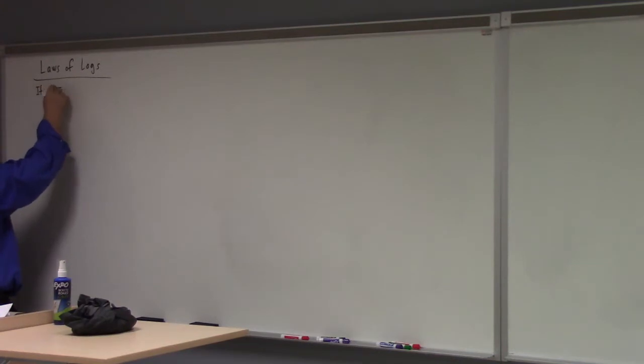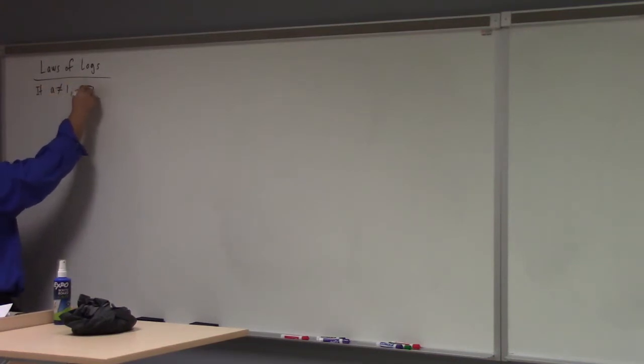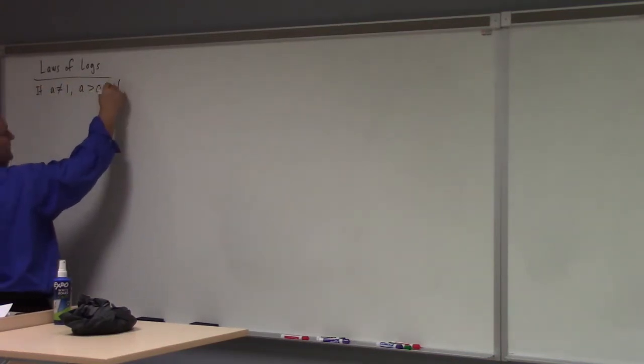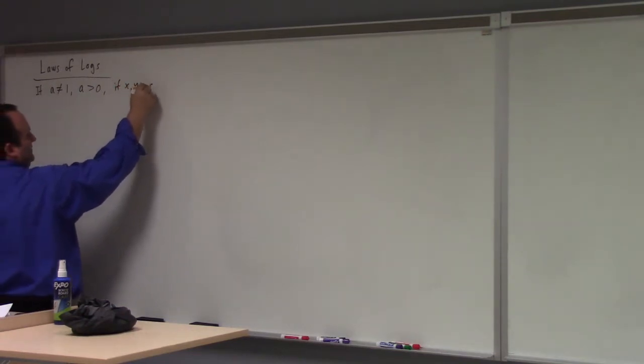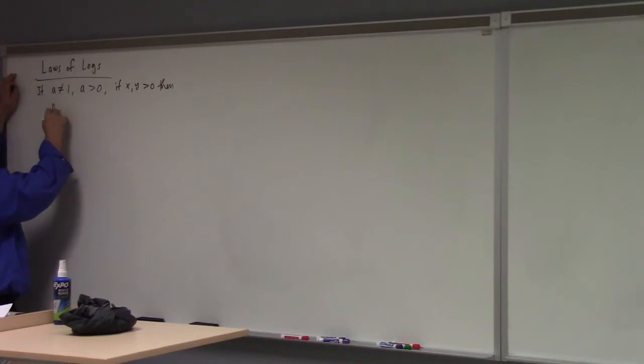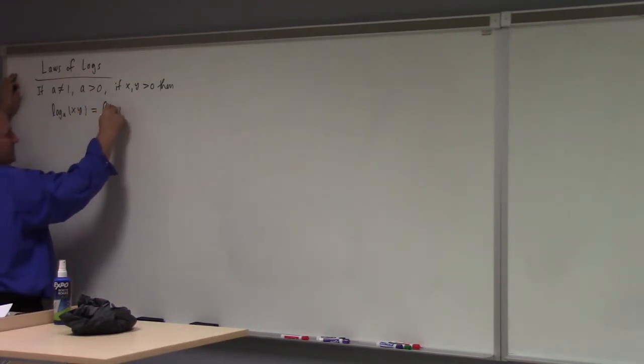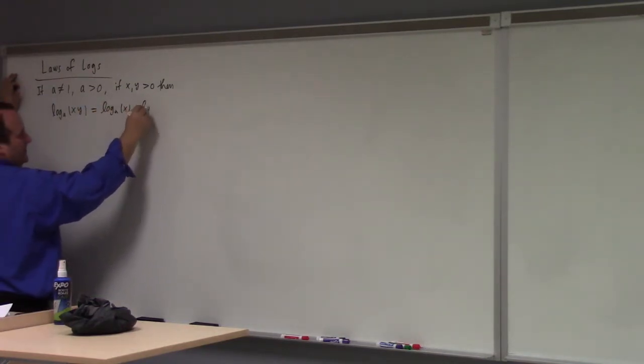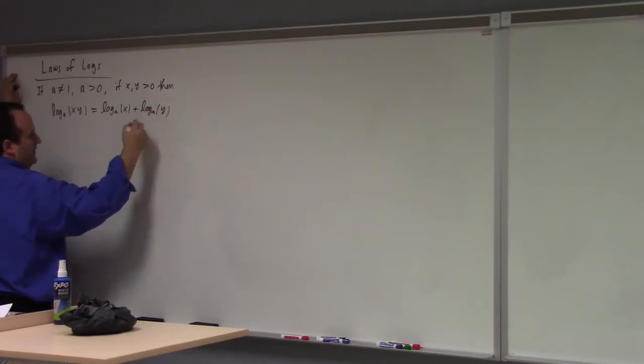If a is not equal to 1 and a is greater than 0, and if x and y are positive, then log base a of x times y is log base a of x plus log base a of y.